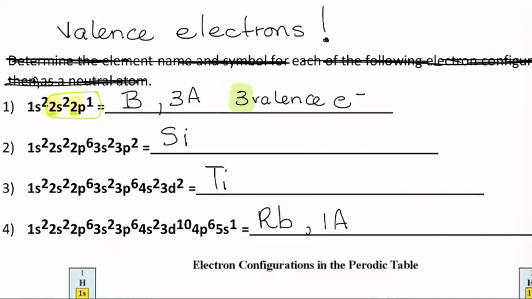Let me do the drawing a little bit better and clearer. So this is my apartment building where the electrons of boron live. On the first floor, I have 1s. On the second floor, I have 2s and 2p. Put a 3 in the chat if that makes it more clear.